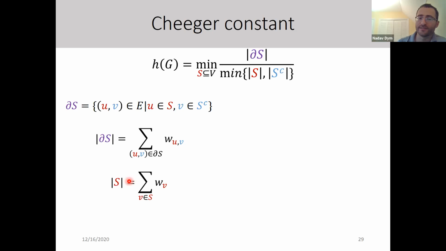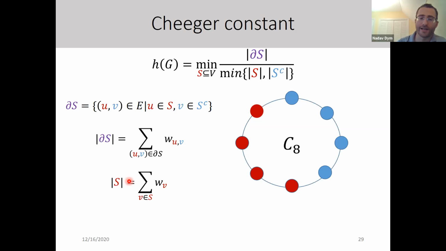For example, let's compute the Cheeger constant for this graph. It's a cyclic graph with 8 vertices. Let's say we specifically choose this partition S, which has 4 vertices here. The boundary of this set will be just these 2 edges. For the sake of simplicity, we'll assume that the weights on these edges are 1 and on the vertices are also 1.